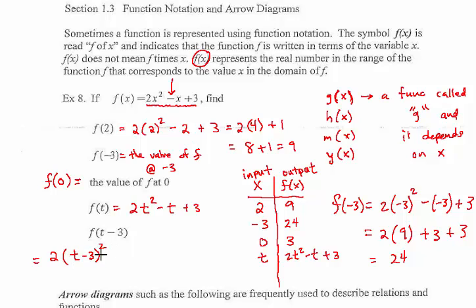Make sure you put parentheses around the t minus 3 and then you square it. Then we have minus parentheses t minus 3. Whenever I have to insert a negative or an expression in the place of a variable, I always put these parentheses around it. And then on the end we have a plus 3.